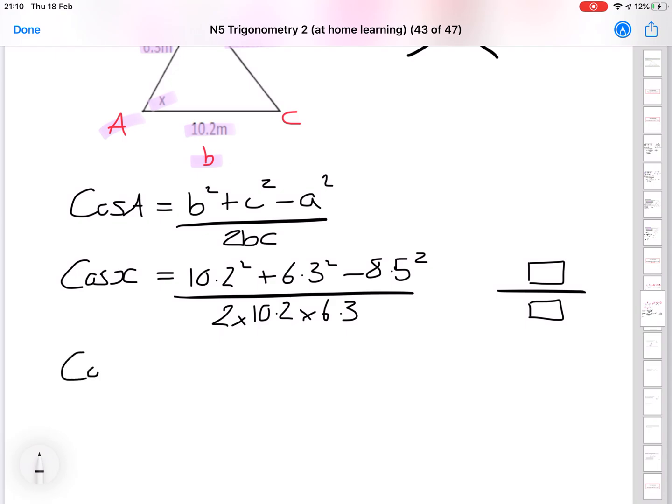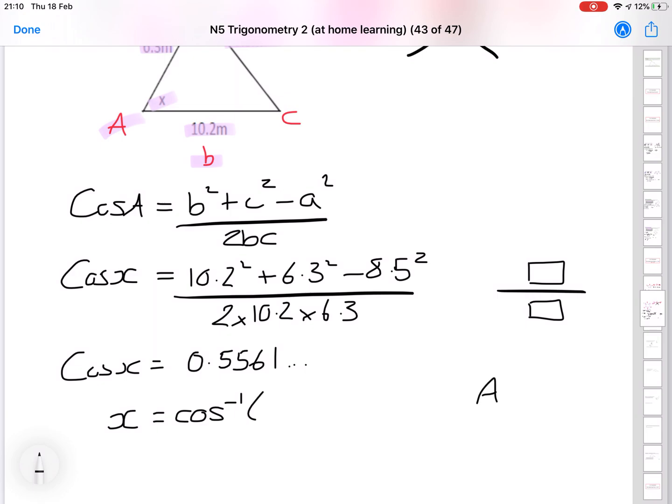So here we get cos x equals, and it's a big long decimal answer again, so 0.5561. I'm going to write the first 4 decimal places, so 0.55 and then dots, showing that it continues on. And then I need to find x. So cos of x, the opposite would then be inverse cos. So cos inverse of my last answer.